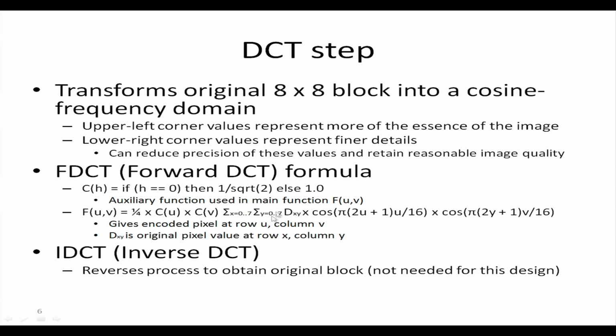I am multiplying that d(x,y) with cosine frequencies. With that, I get the transform. So, this F(u,v) will give me the encoded pixel at row u, column v, and d(x,y) is the original image intensity.